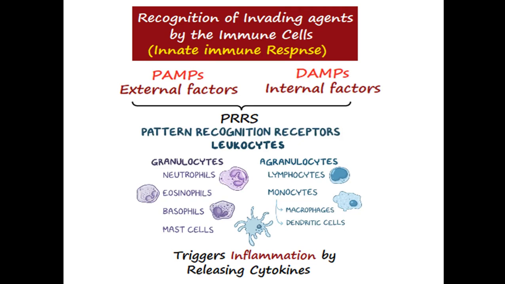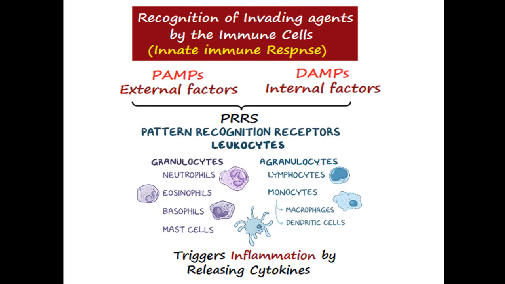And once the pathogen recognition receptors recognize the PAM or DAM, the interaction of the PAMs and DAMs with the pathogen recognition receptors on the immune cells will then initiate the process of inflammation.